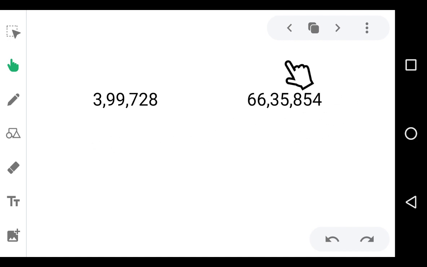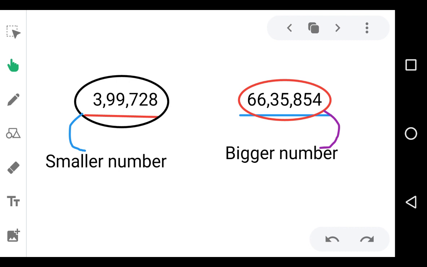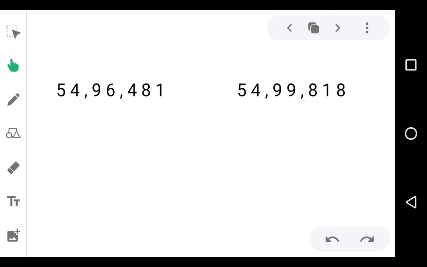So this number is bigger and this is smaller. Here we use the sign smaller than, and we read it as 3,99,728 smaller than 66,35,854. Let's see the next example.